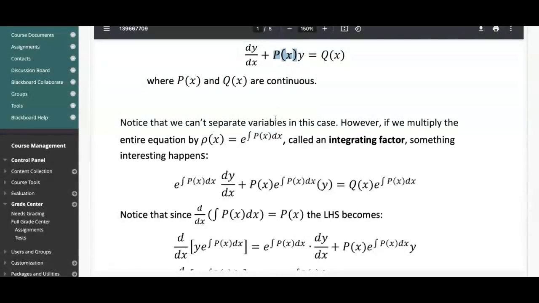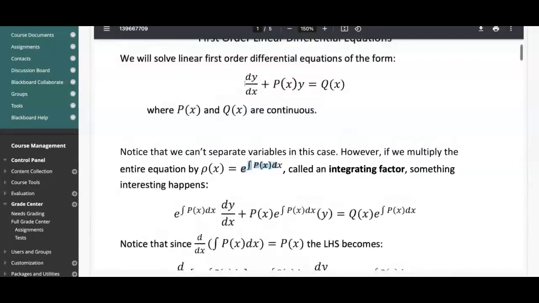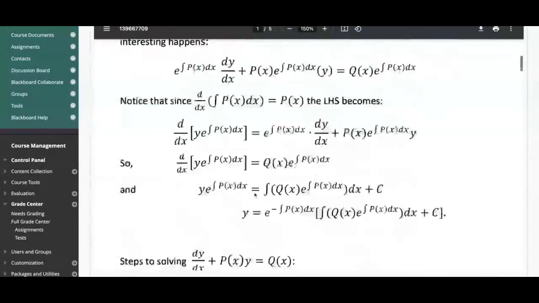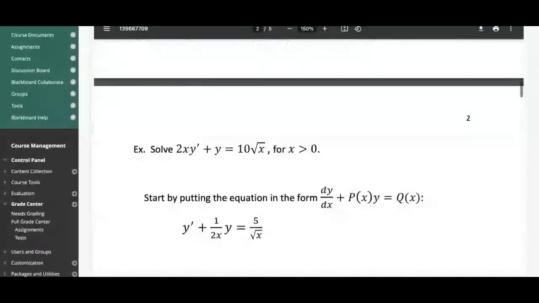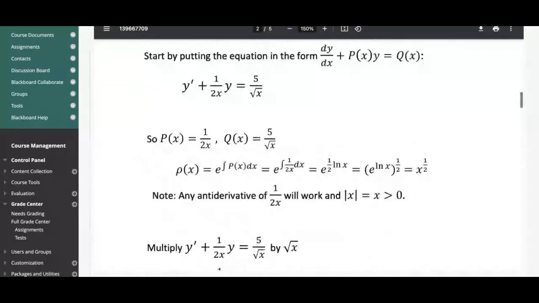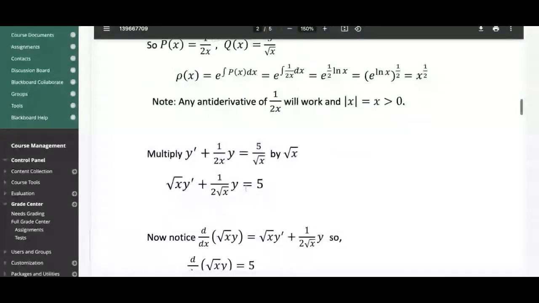If you think about why we do that: once we multiply those terms with it, we get the product rule. It's easier to see from the example.